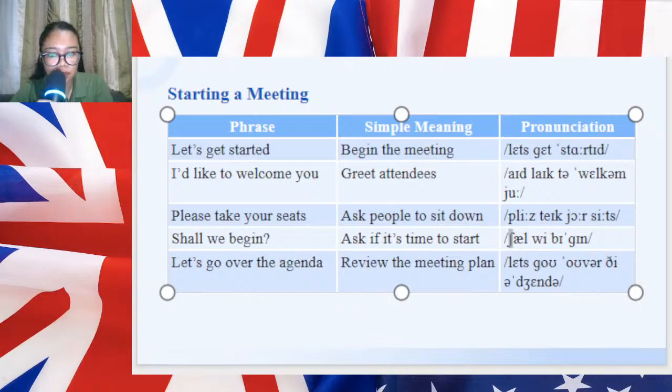Pronunciation wise, there is a new symbol here. That is the symbol for the sh sound. That letter F without a horizontal line in the middle is the IPA symbol for the sh sound. So the one I highlighted is the sh sound.